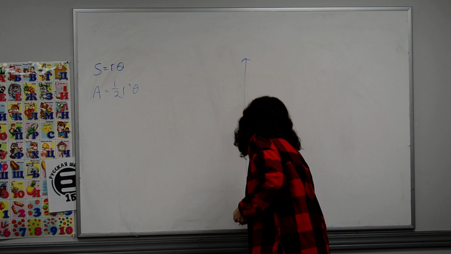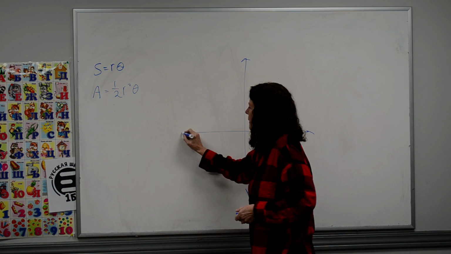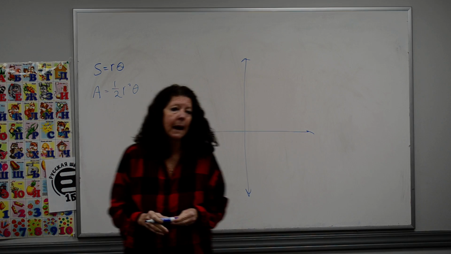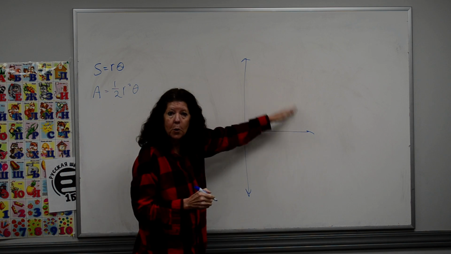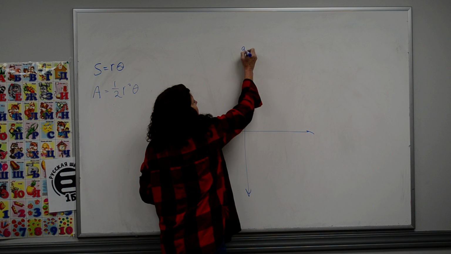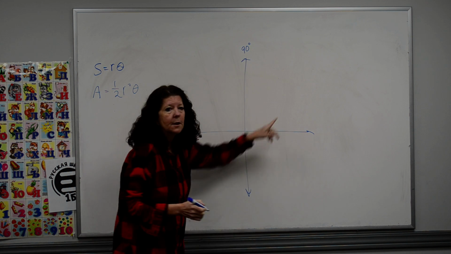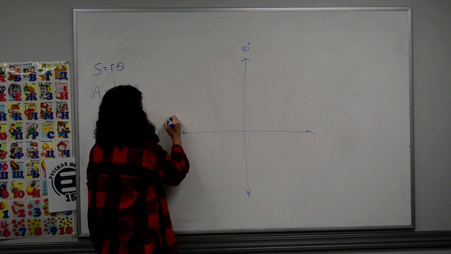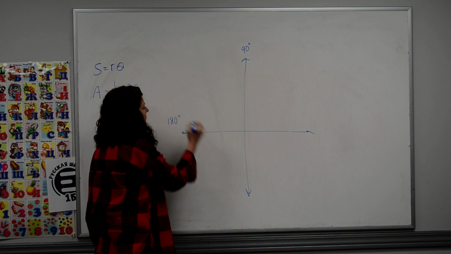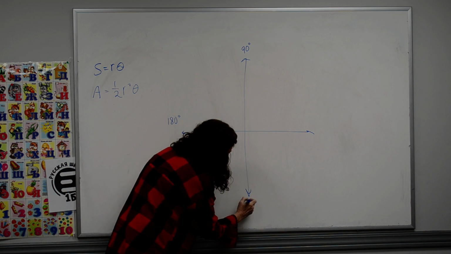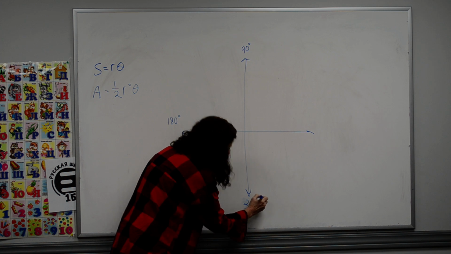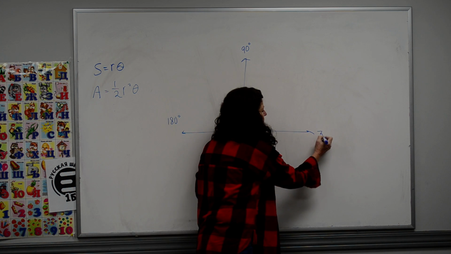On a coordinate plane, this is the easiest way to compare. All right, so we know that a quarter of the way around is 90 degrees. Halfway around is 180 degrees. Three-quarters of the way around is 270 degrees. And then all the way back around is 360.